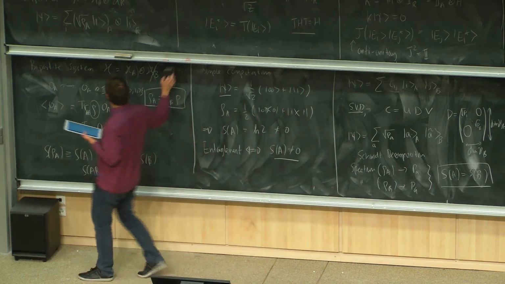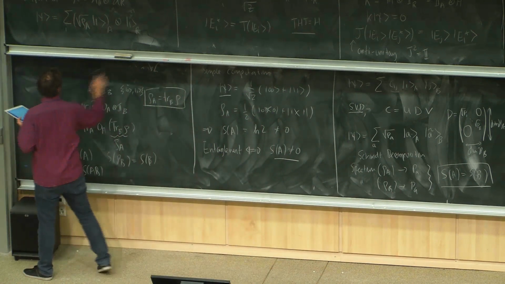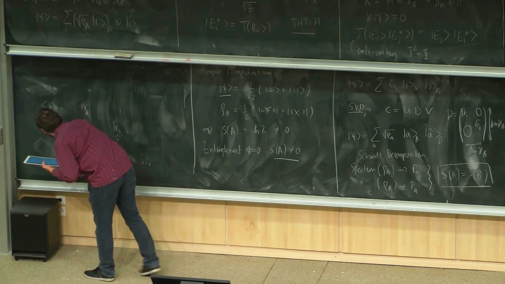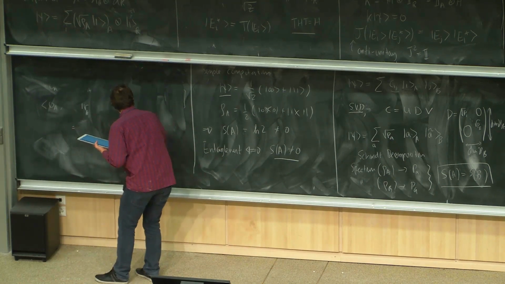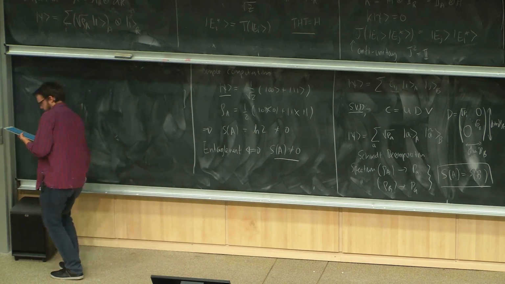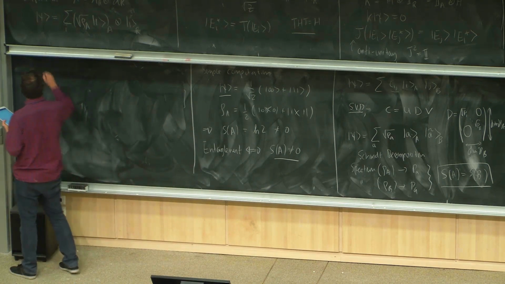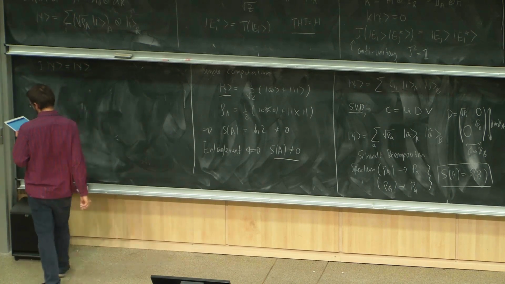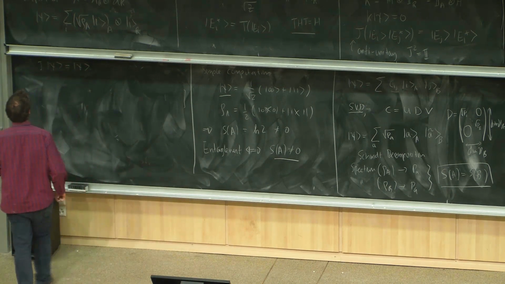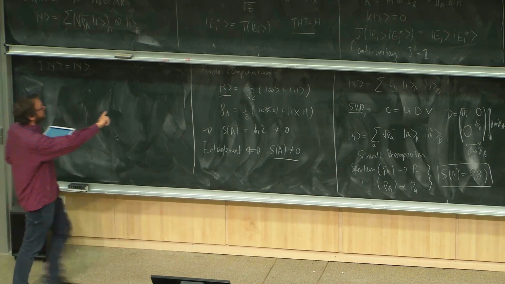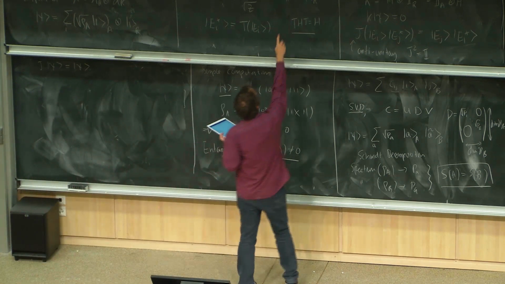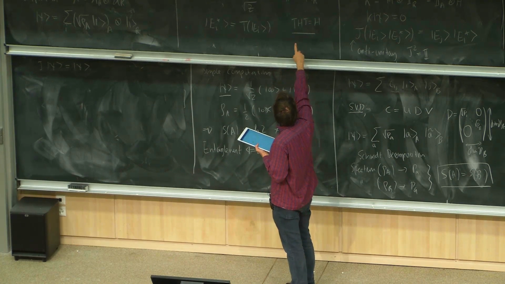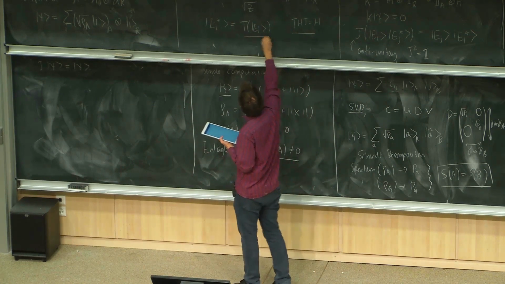So J psi is psi. And J is associated to T because it's switching the energy eigenstates and applying this complex conjugation operation.